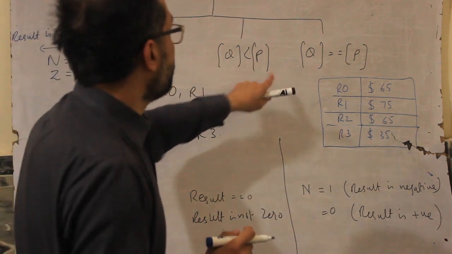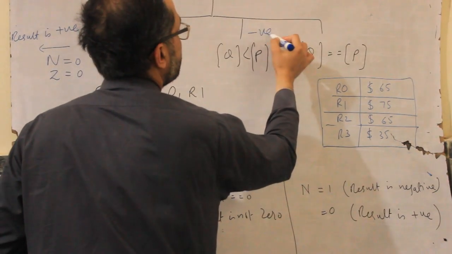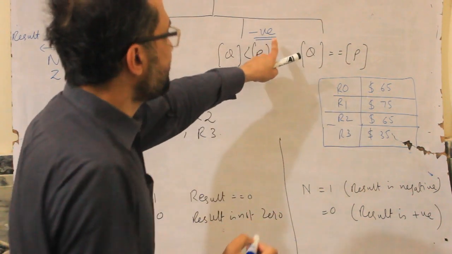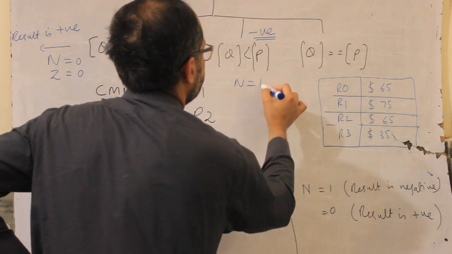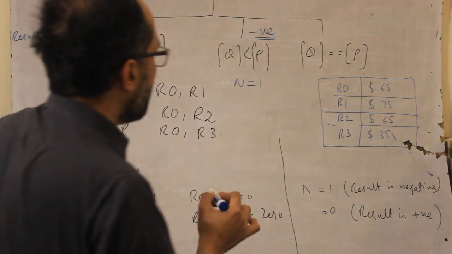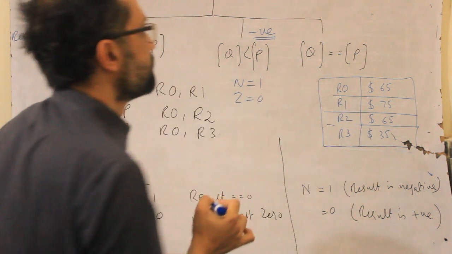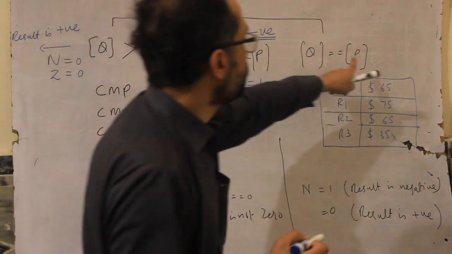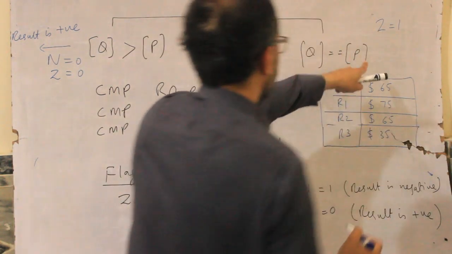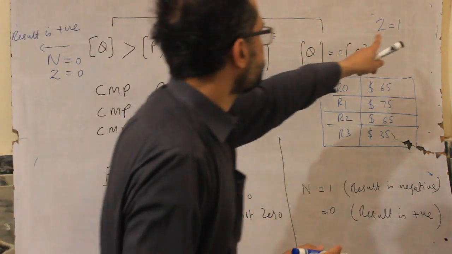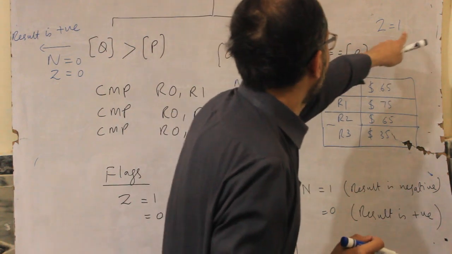When Q is smaller than P, the result is negative, so the N flag will be 1 and the Z flag will be 0 because it is not 0. When Q is equal to P, the Z flag will be 1 because the result is 0.